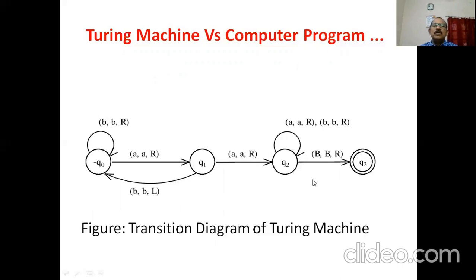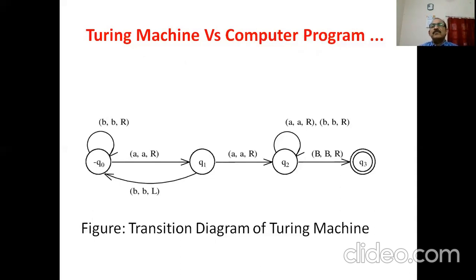Is it clear? Now, for any sequence of B's followed by AA followed by any combination of A and B, the word must be accepted by this Turing machine.